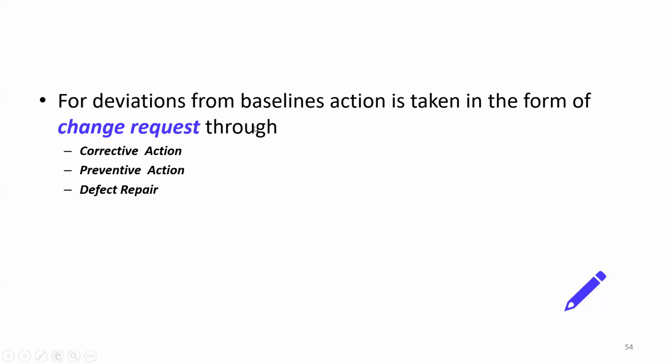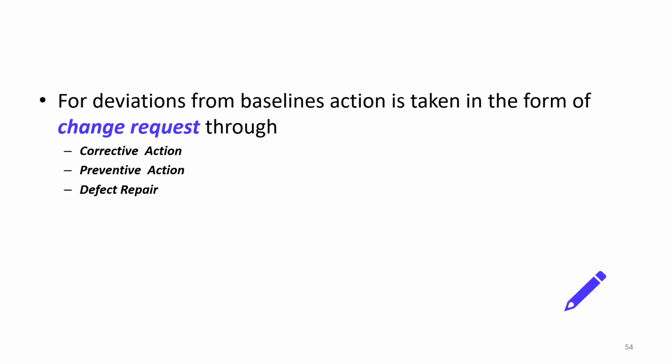Now, for deviations from the baseline, action is taken in the form of a change request. Sometimes, let's say you had planned something for 1 week, and it got delayed by 3-4 days. At that time you're taking a corrective action. Preventive action is like having some trainings in place, ensuring people and resources are available, and defect repair is when there's an issue, you fix it.